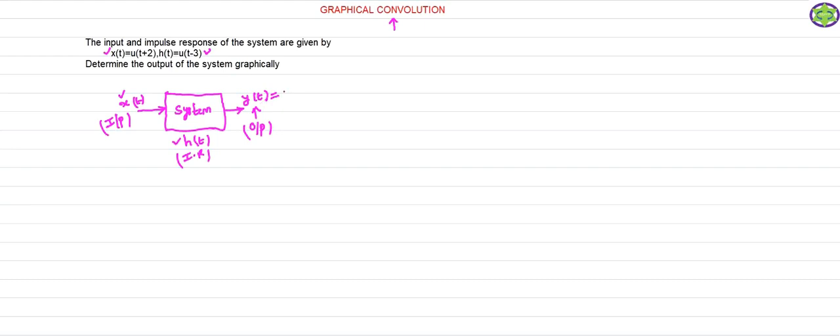The response of the system is nothing but the convolution of the two signals. If we perform the convolution of the two signals, we will get the response of the system y of t. The convolution of two signals will produce a new signal. Here y of t is a new signal. x of t is input and h of t is the impulse response of the system.